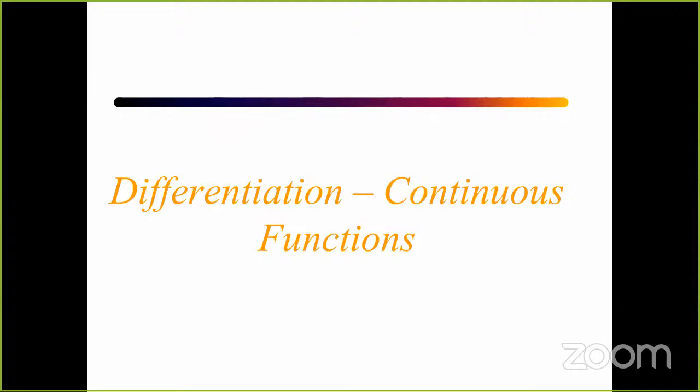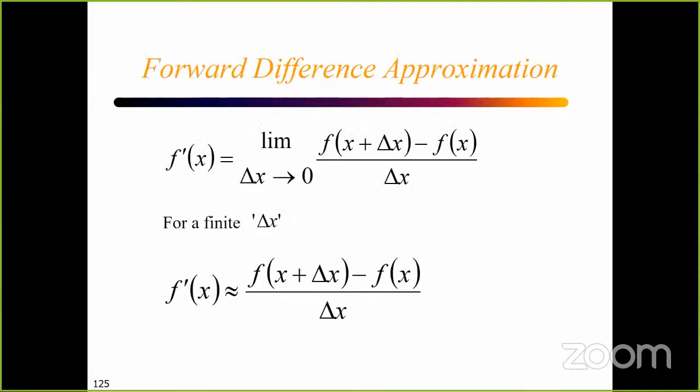Differentiation is a continuous function. We will go with the forward difference approximation, where f prime is equal to the ratio of the value of the function at x plus delta x minus f of x over delta x, in the limit where delta x tends to 0, where delta x is a positive finite value. And if you take the derivative, f prime of x is approximately equal to f of x plus delta x minus f of x over delta x.